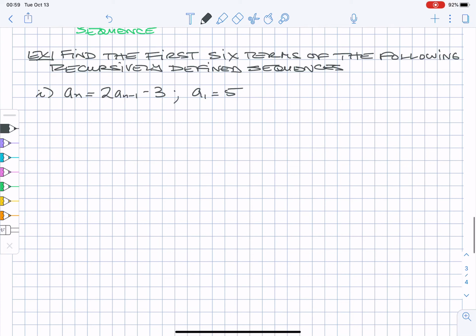So in general a sub n is twice a sub n minus 1 minus 3.